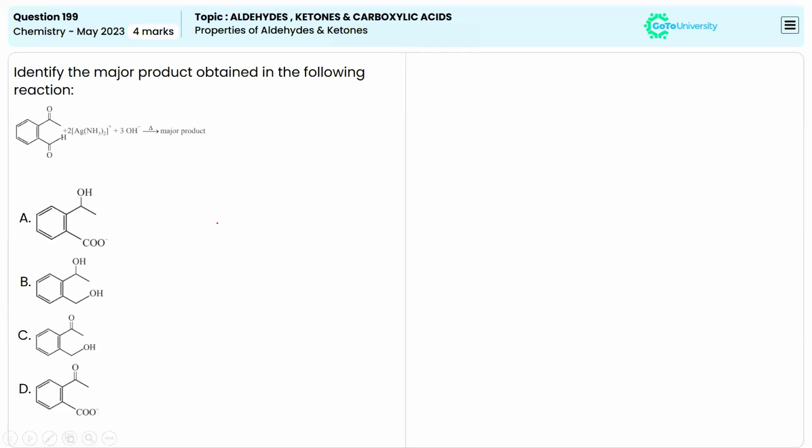In this question, we have to find out the major product of the reaction. This is a ketone, and they are reacting with ammoniacal silver nitrate solution, right? So when a carbonyl compound reacts with ammoniacal silver nitrate solution, that reaction is called the Tollens test. And this ammoniacal silver nitrate is the Tollens reagent. So here the product is usually as shown. COCH3 is the reactant.